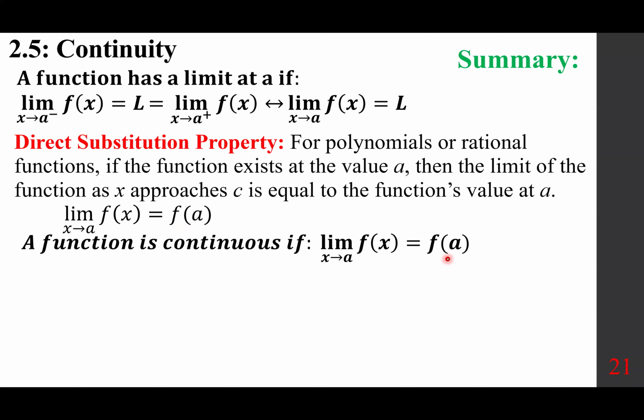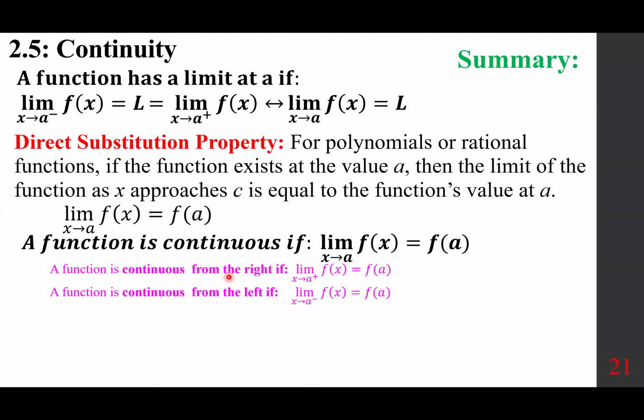That means basically there's no hole or any type of discontinuity, vertical asymptote, you name it. A function is continuous from the right if the limit of f of x as x approaches a from the right is f of a, and a function is continuous from the left if the limit of f of x as x approaches a from the left equals f of a. A function may be continuous on the left or right. We will have that discussed.